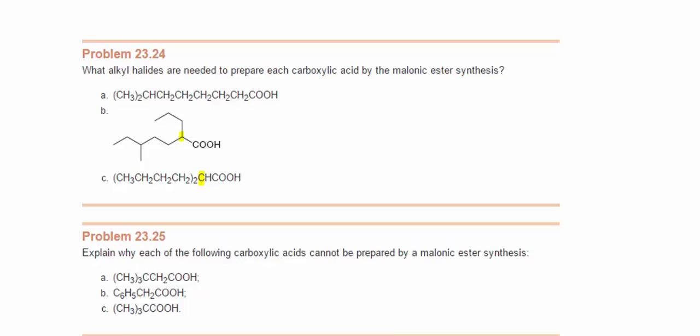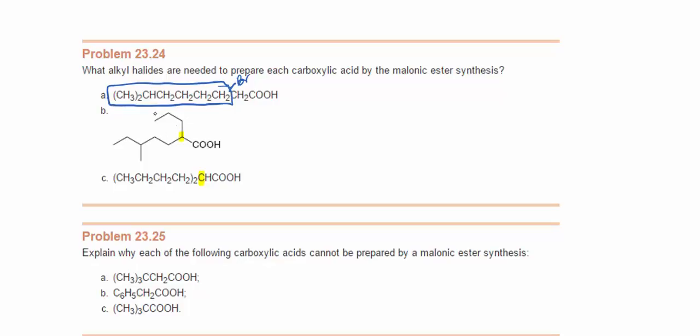Everything else is from the diethyl malonate. So here we would use all of this with a bromine. That would be the alkyl halide needed.